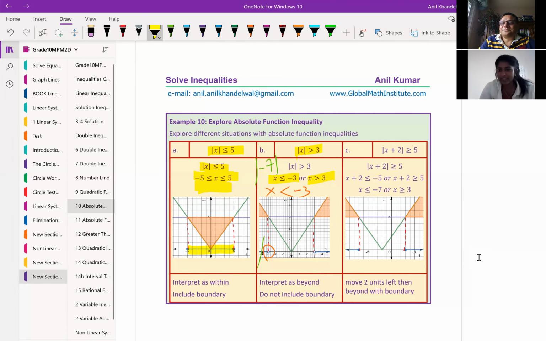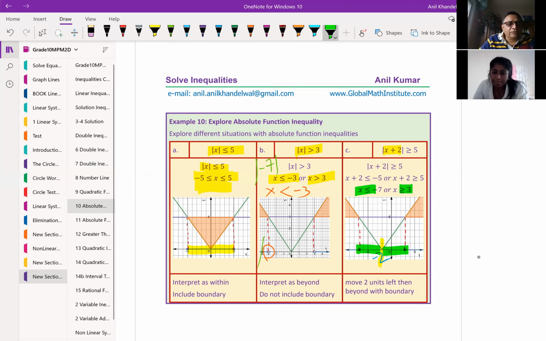I remember doing graphs with you. When it says +2, we move the graph 2 units to the left. Correct. And then we work from there. So do it like a normal equation, and when you move the 2, minus 5 minus 2 would be x less than or equal to -7. Correct. And then or x greater than or equal to 3. Perfect.